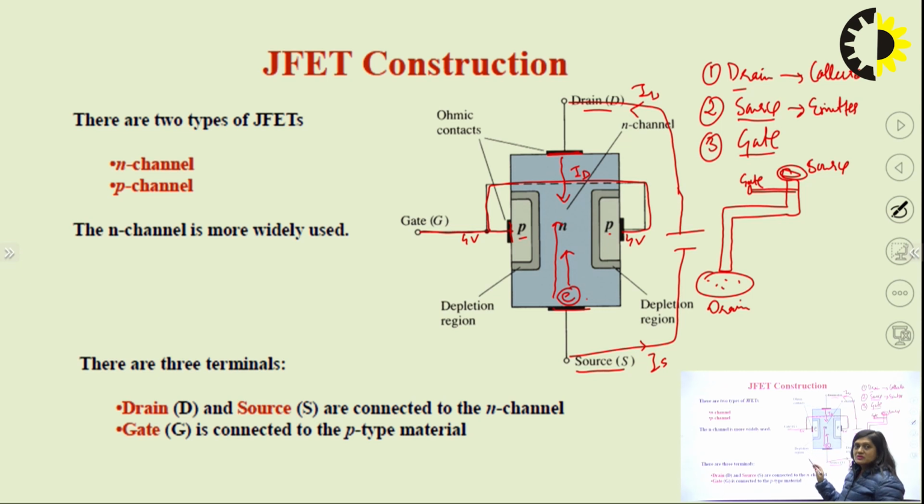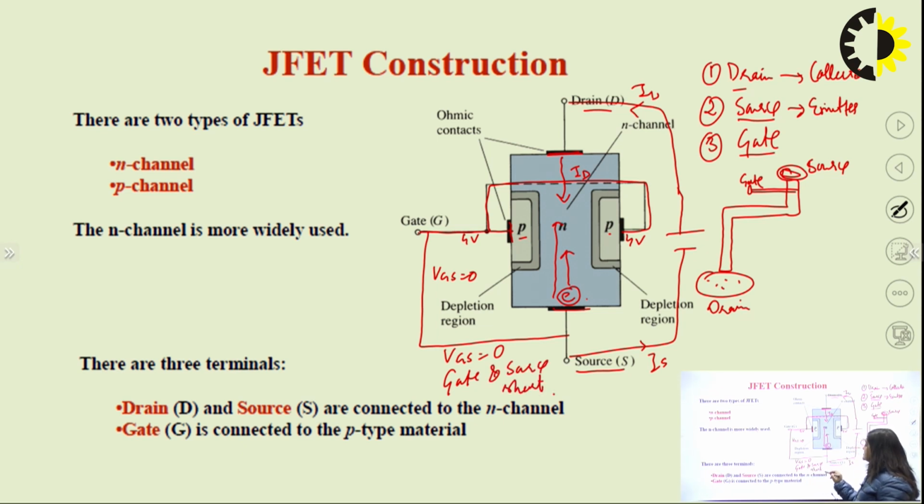If we make VGS 0, it means the gate voltage and source potential are both at the same potential level. In other words, we have short circuited the gate and source terminals. VGS 0 and gate and source short circuited.